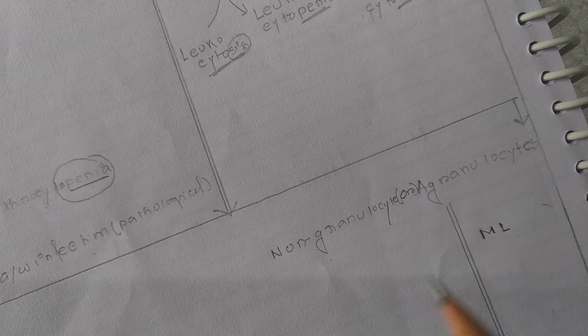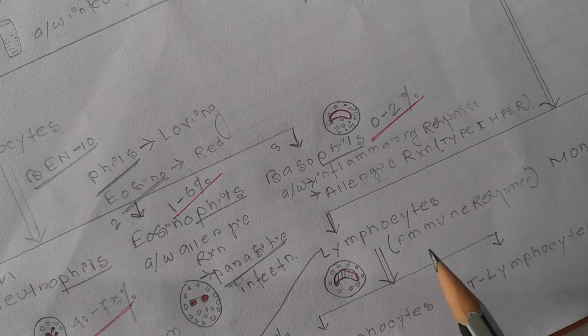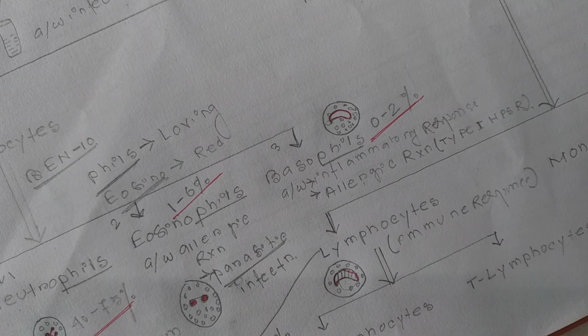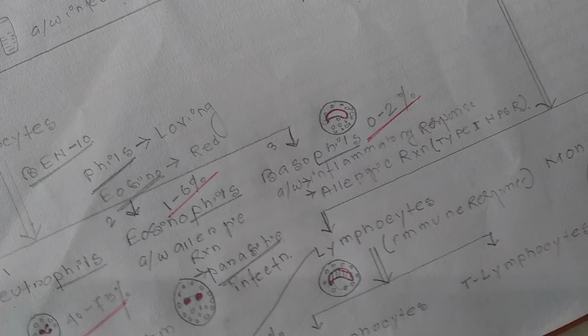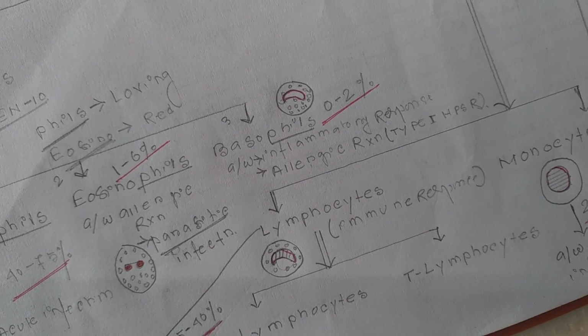Granulocyte is completed. Agranulocyte, otherwise called non-granulocyte, is divided into two portions: lymphocyte and monocyte. Lymphocyte is responsible for immune response. The normal range for monocyte is 2 to 10%.